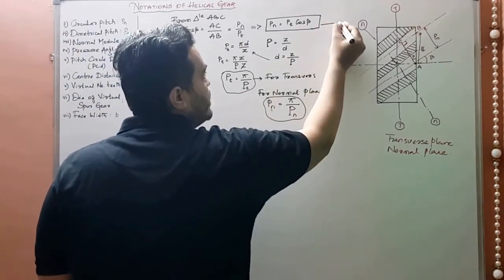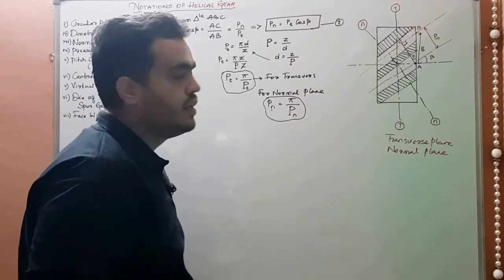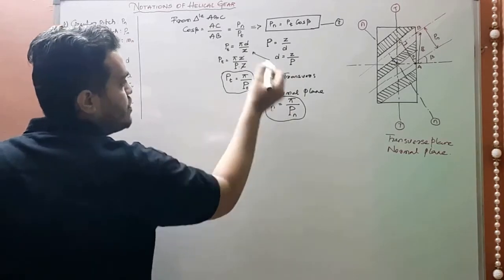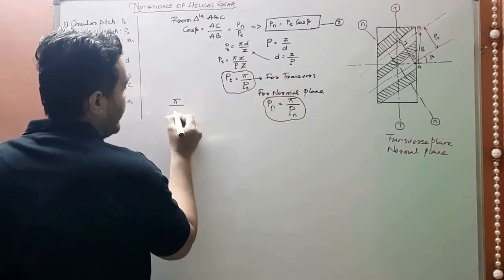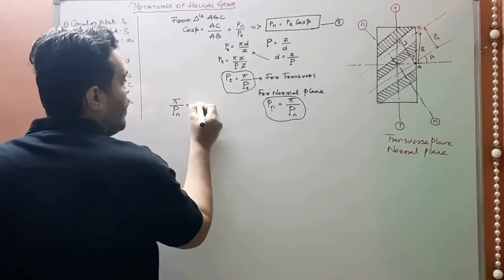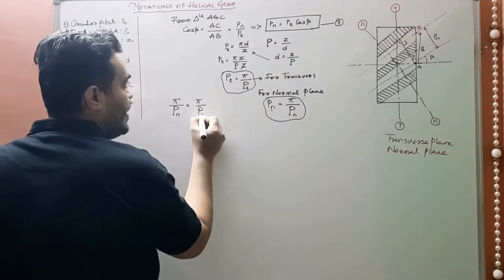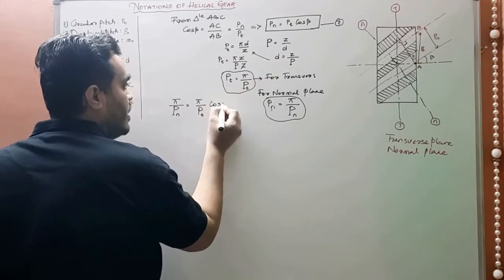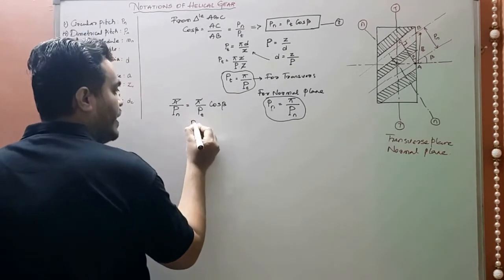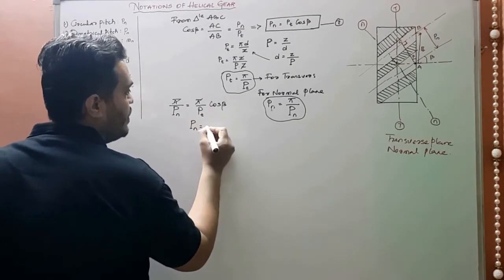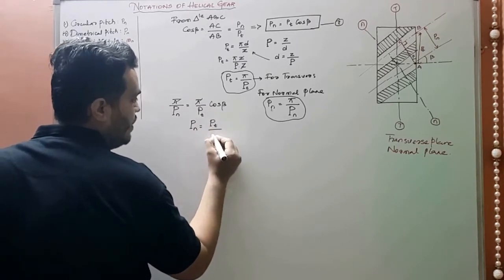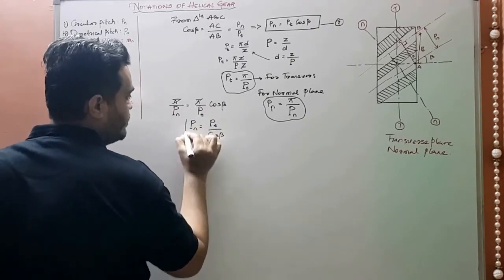You just consider this as equation 1, all of you are getting, right? You just substitute these values into this. What is Pn here? Pi by capital Pn is equal to, what is Pt? Pi by capital Pt and cos beta, right? You just cancel this pi, and you will get Pn. This is nothing but the diametrical pitch value. Pn is nothing but capital Pt by cos beta.